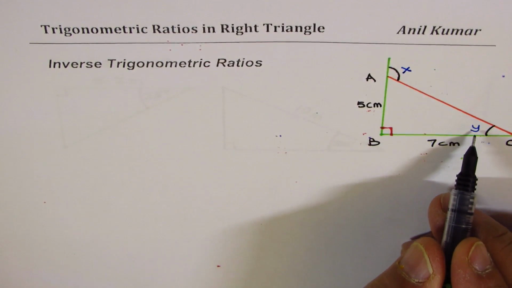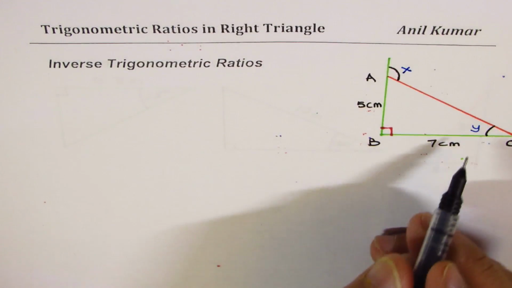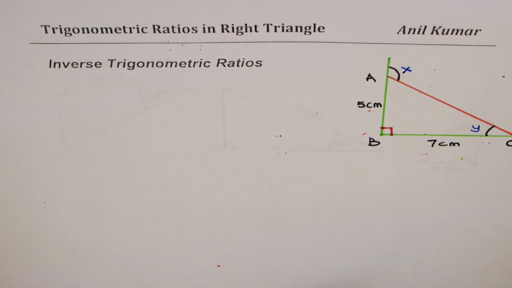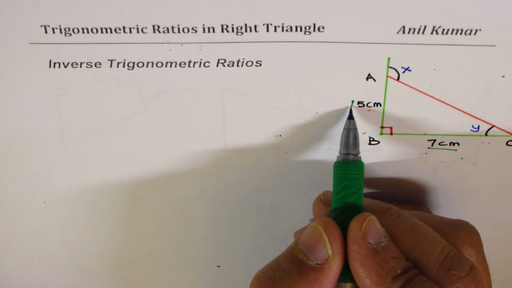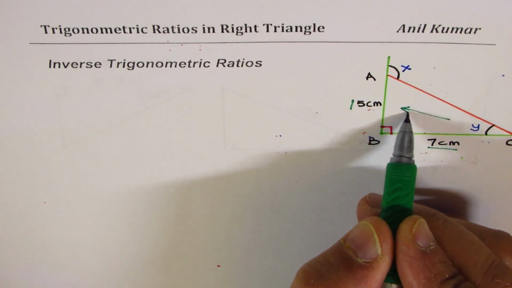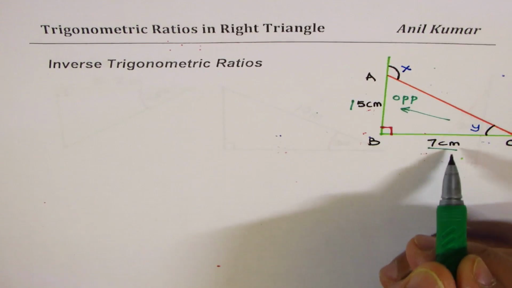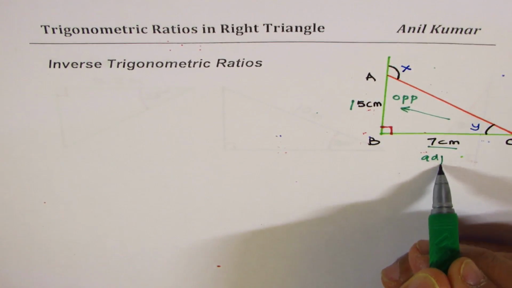Now if I have to find angle y, then angle y is related to the two given sides in which fashion? Here, this side is opposite, and the other side is adjacent.